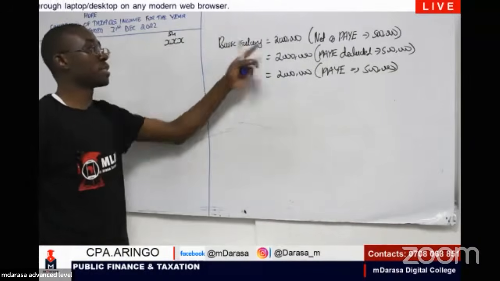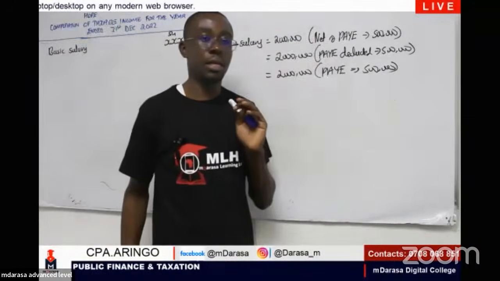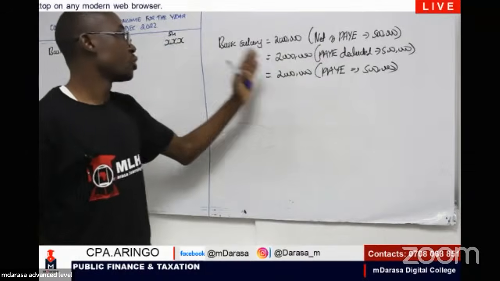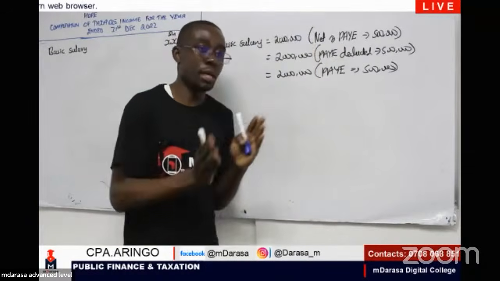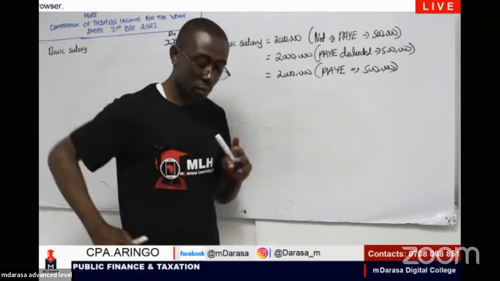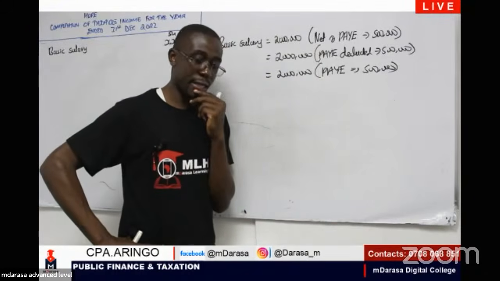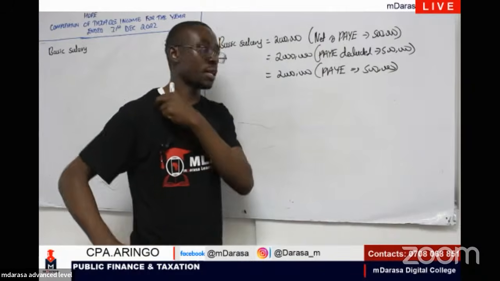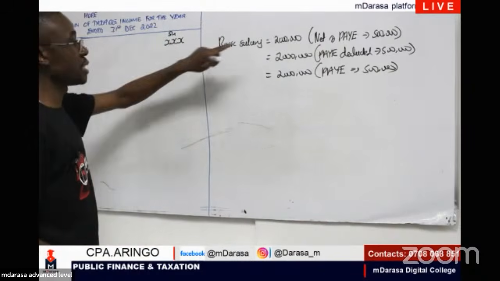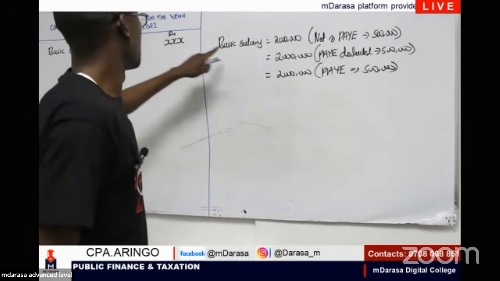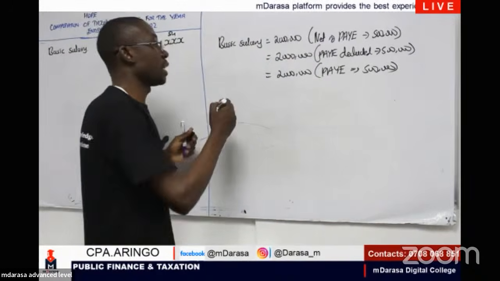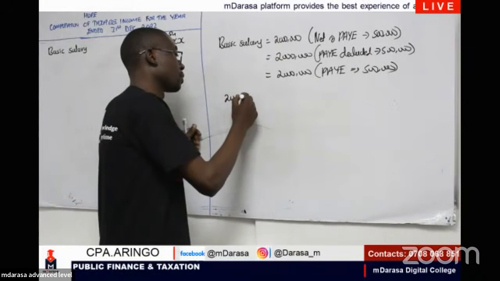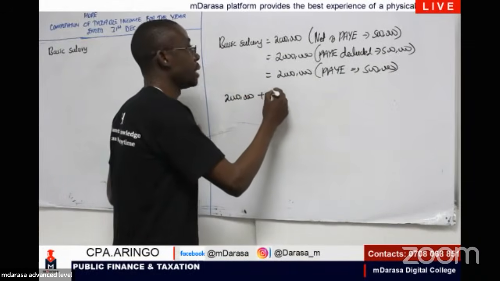The first statement is 2 million net of PAYE. The second statement, 2 million PAYE deducted. The third statement, 2 million PAYE 500,000. This is very important, and kindly make sure that you grasp this very clearly. In this first case, the basic salary that I'm supposed to take here, I'm going to take 2 million, and we add PAYE.